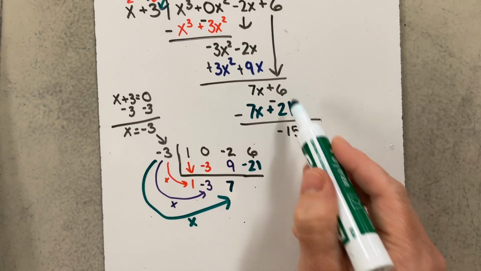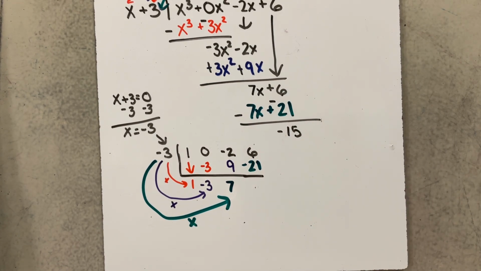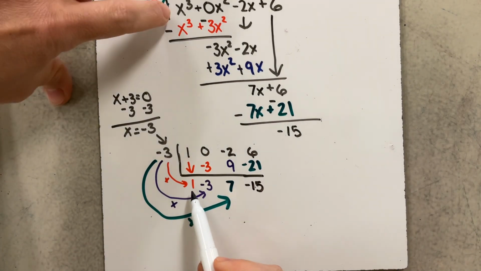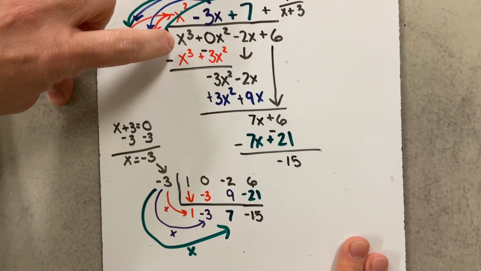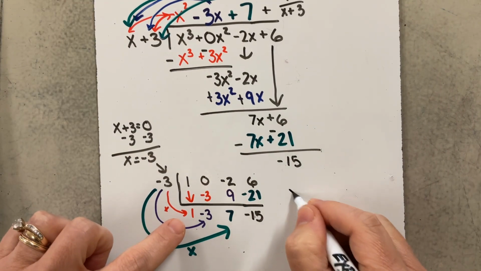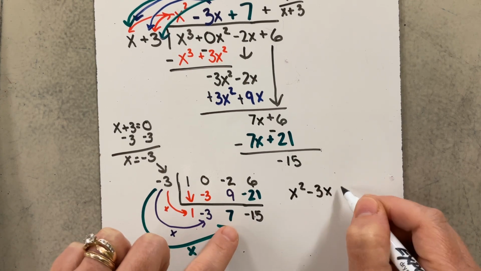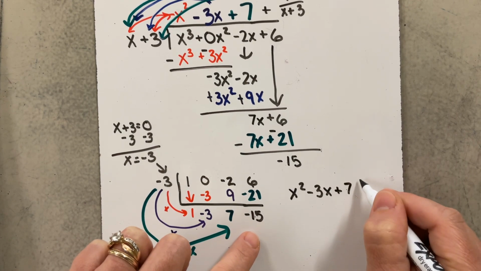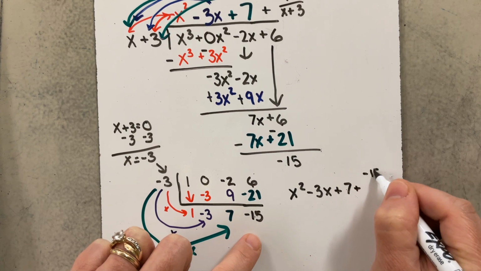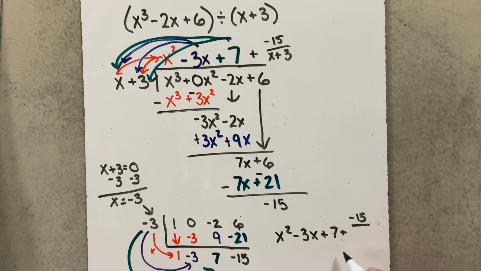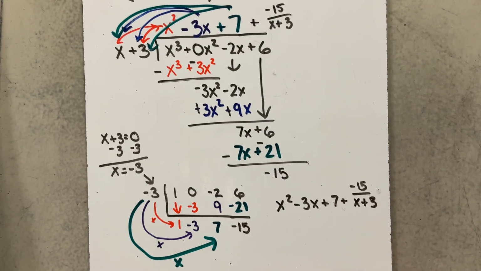And you can see those numbers are right there, which we know gives us an answer of negative 15. We originally started with an x cubed, so this one is going to be x squared minus 3x plus 7, and then plus that negative 15 over our divisor, the x plus 3. Exactly the same answer.